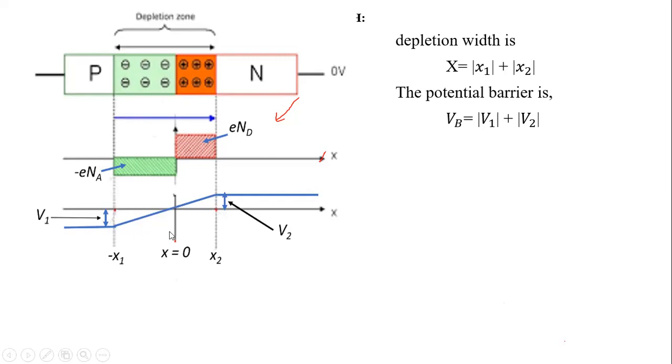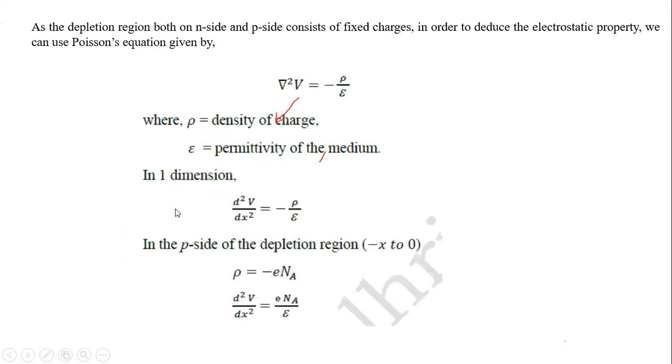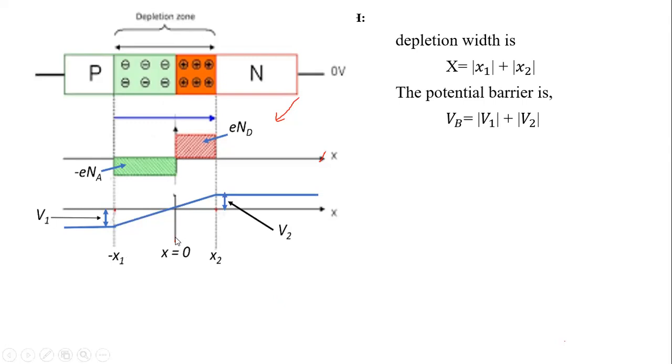And your depletion width extends from minus x1 to plus x2. So the depletion width here is between minus x1 to plus x2. So if you measure the distance between x equal to 0 to x2, the magnitude is x2.